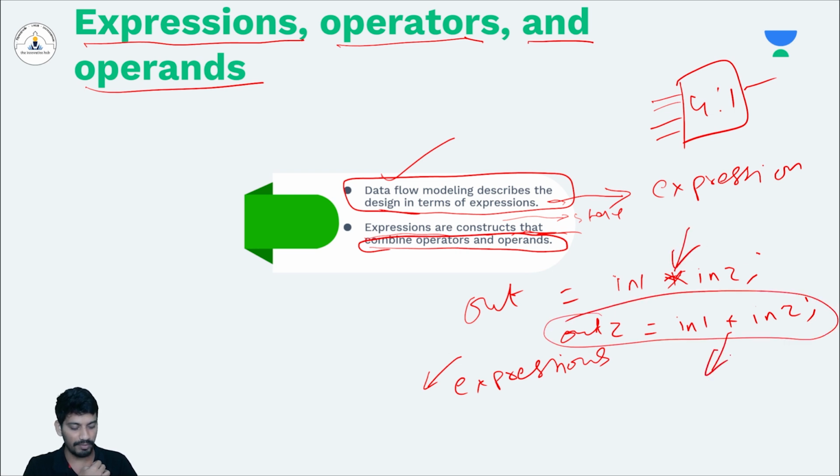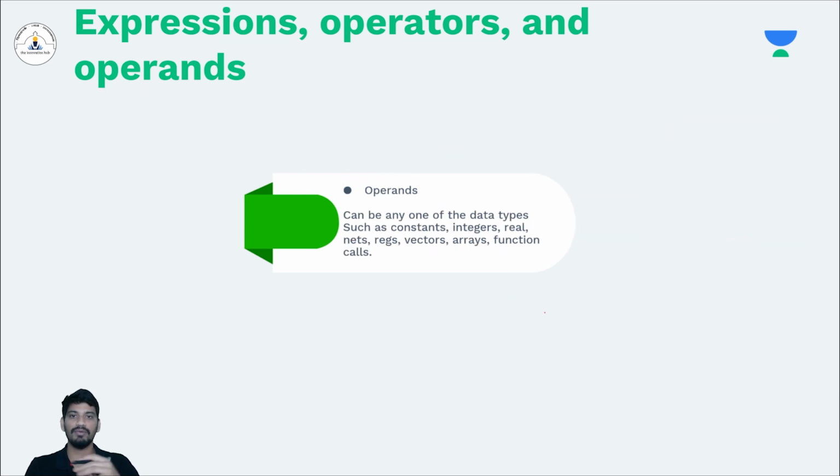These are operators, right? We have seen what an operator is in the beginning slides of the digital design, and these are called operands. An operator is a symbol, and operands are variables such as net, wire, or register, or any kind of data types, right? So let's see what the operands are.